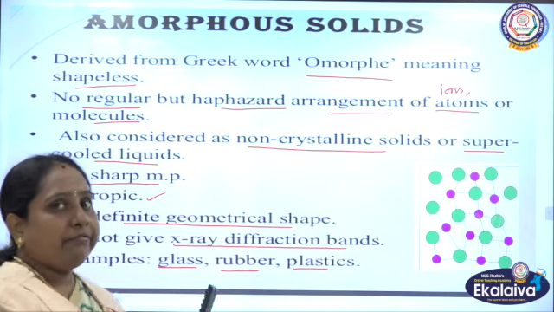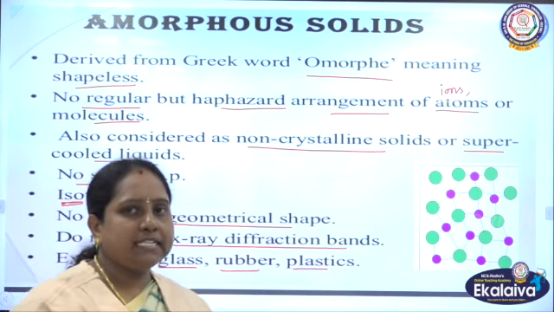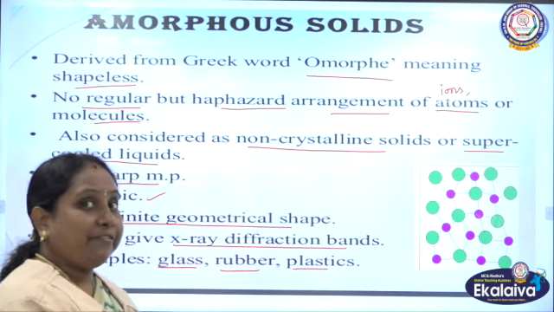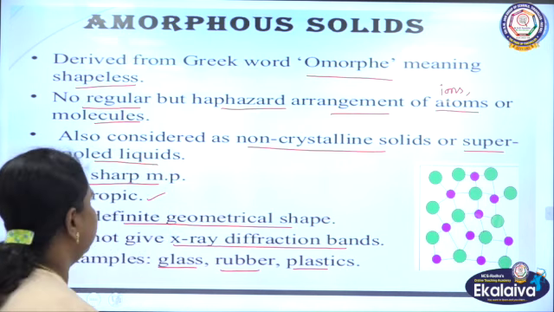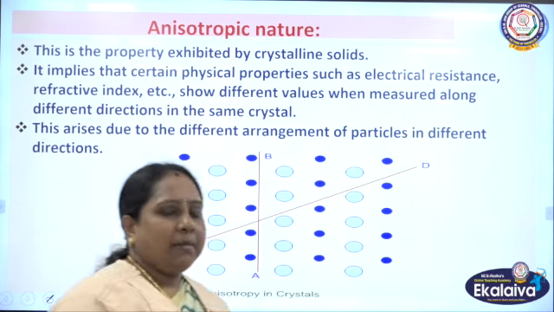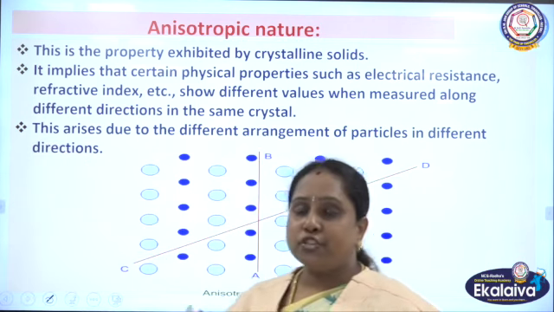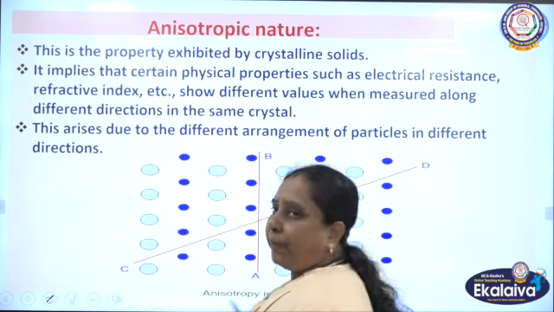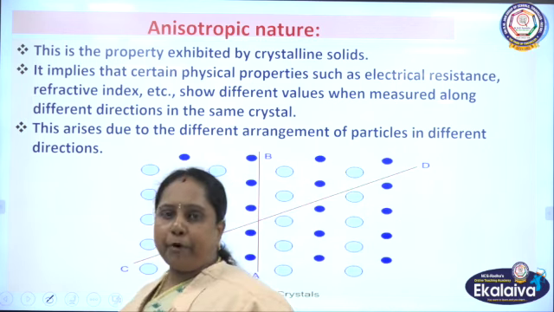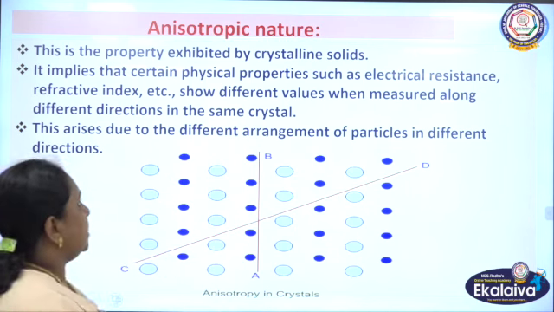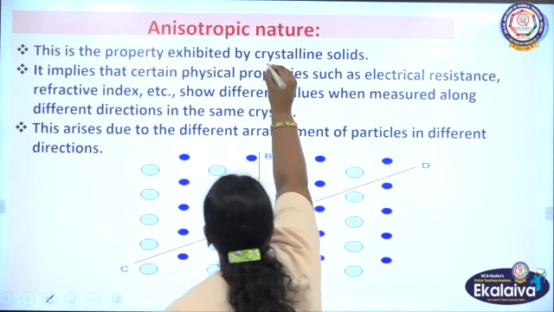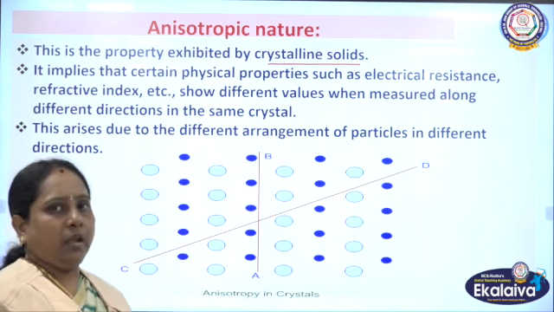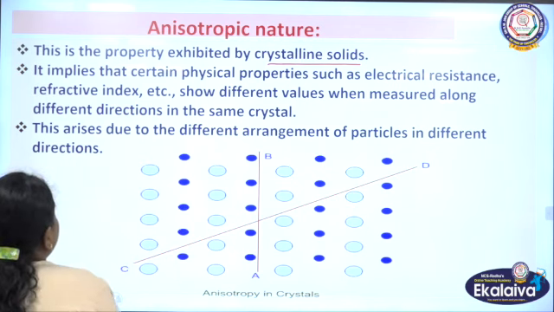So when we started learning the properties of amorphous solids, you came to know how they are different from crystalline solids. Now let us come to the important topic, isotropic and anisotropic nature. Anisotropic nature is the property exhibited normally by crystalline solids. So what is that?